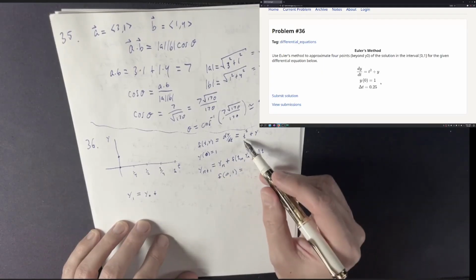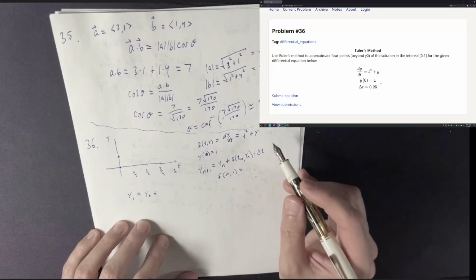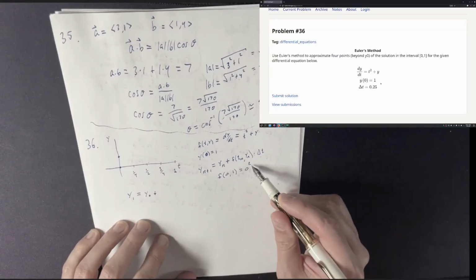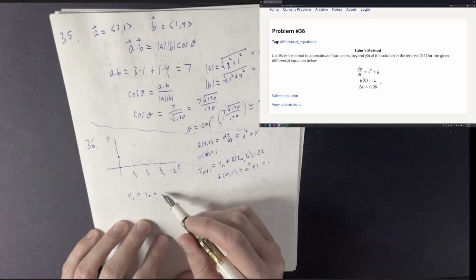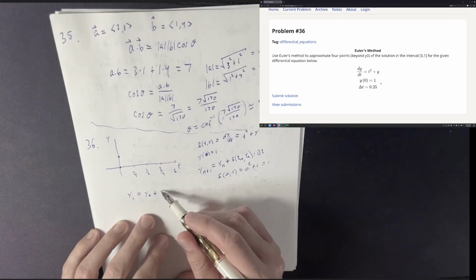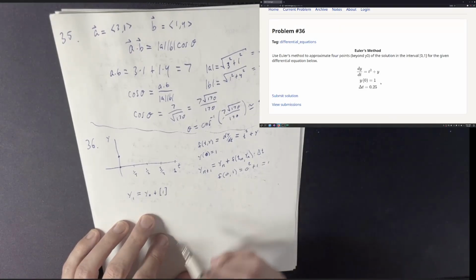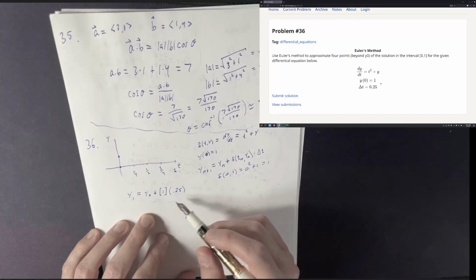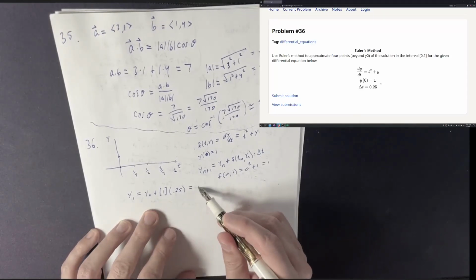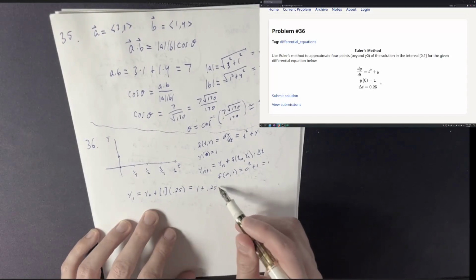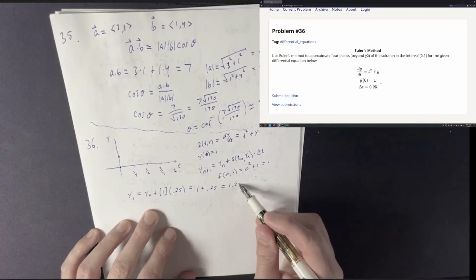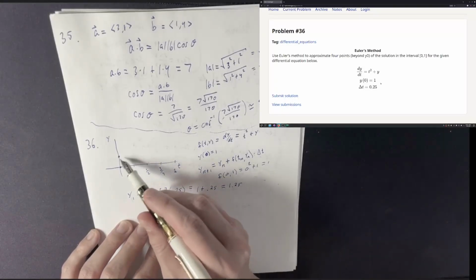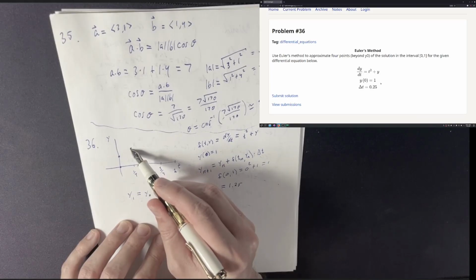If I plug 0 for t and 1 for y, you're getting a 1. So our first slope happens to be 1. And then we put the step size here, which for us is always going to be 1/4. So I'm getting 1 plus 1/4, 1.25. So we've gone from a height of 1 up to 1.25.